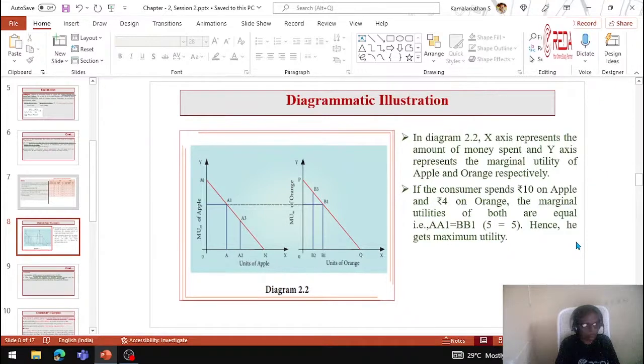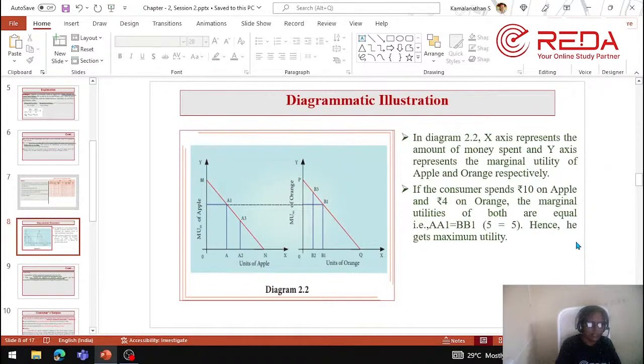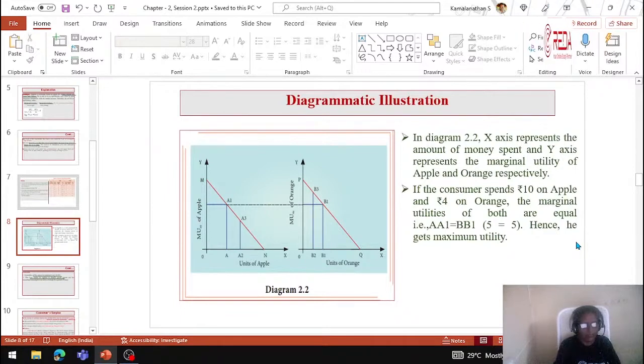Okay, so in the first diagram we are taking the units of apple on the x-axis and the marginal utility of apple on the y-axis, and the units of orange on the x-axis and the marginal utility of oranges on the y-axis. So here you plot the data points in the graph, you will get A1, A2, A3 lines, and if you join the A1 and A3 points, you will get a single curve MN.